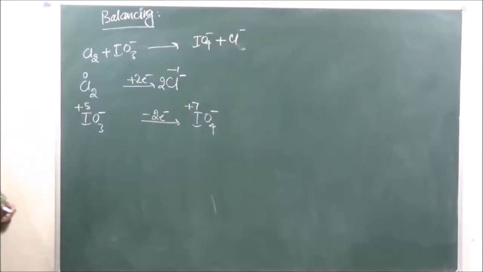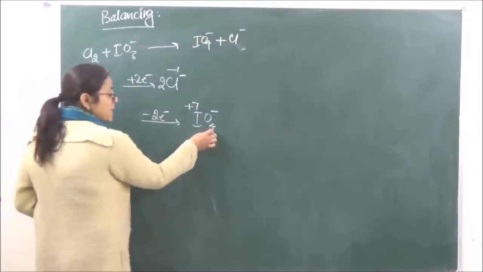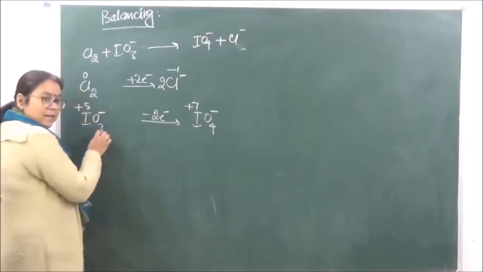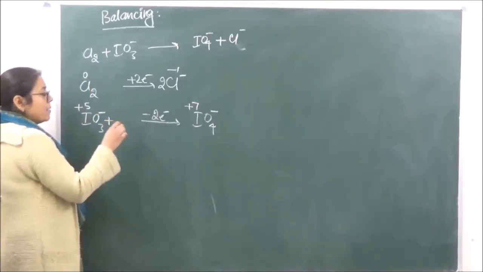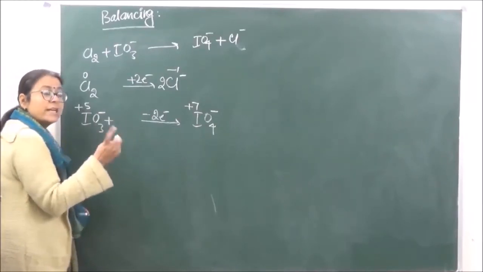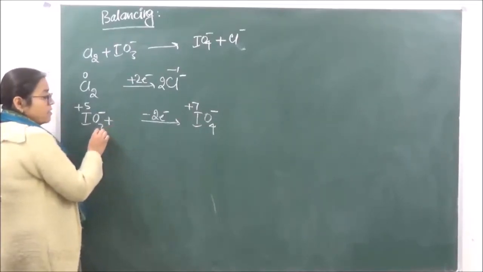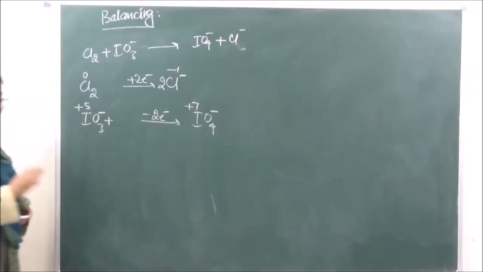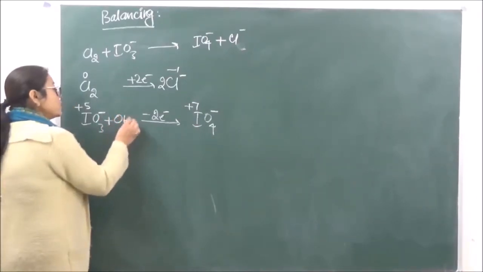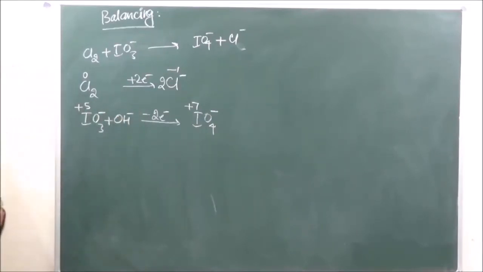Right? Now how will we balance the oxygens? In this case, on this side there are 4 oxygens, on this side there are 3 oxygens. So on the side where oxygens are fewer, you put that many OH negative ions. Here there are 3, here 4. So 4 minus 3 that is equal to 1. Right? So you put one OH negative on the left hand side.